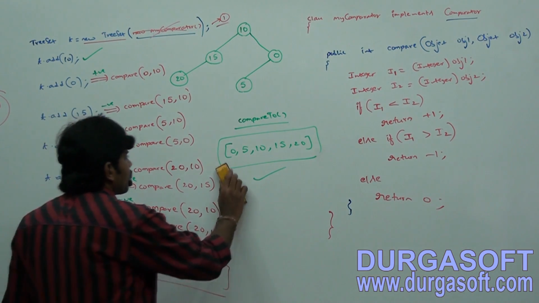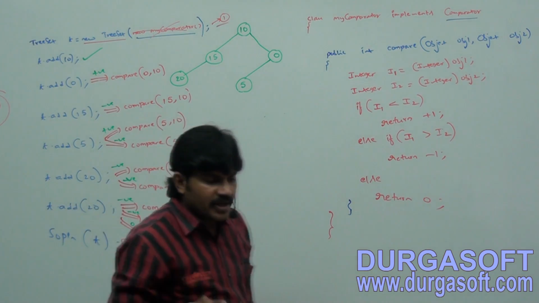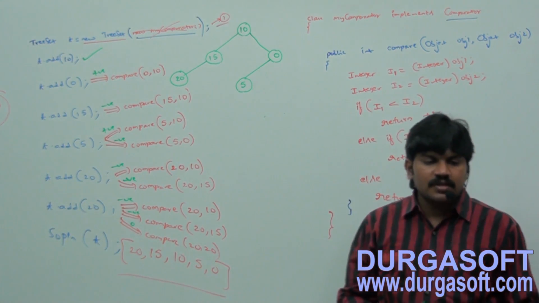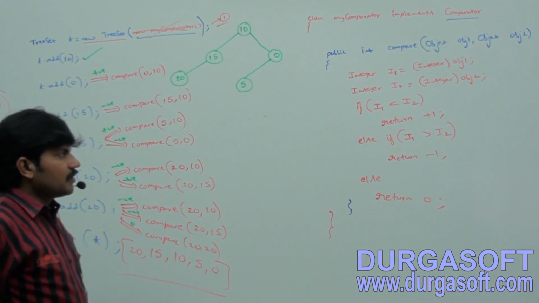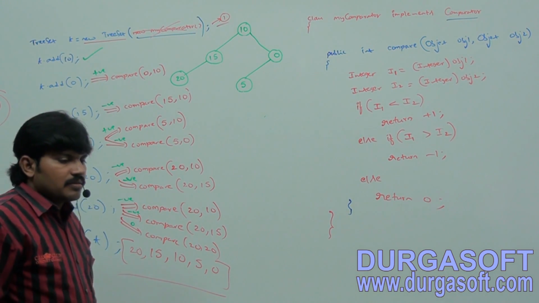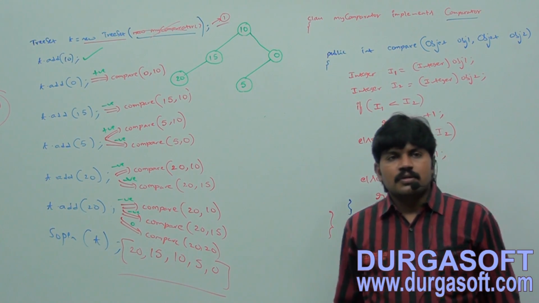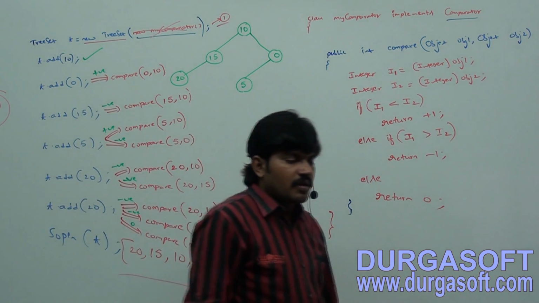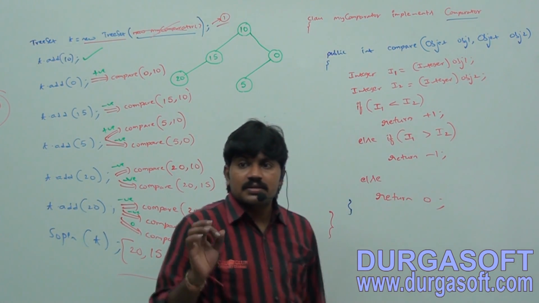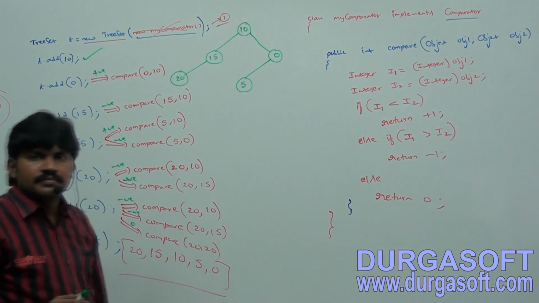Next one. At line 1, if we are passing the comparator object, then JVM will call the compare method, which is meant for customized sorting.